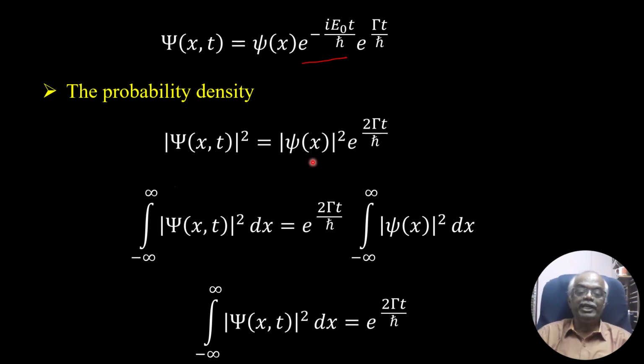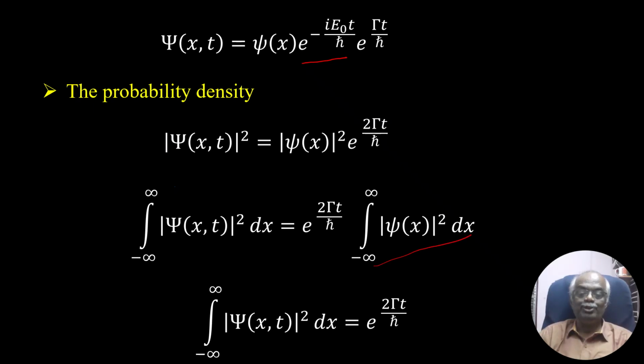So now you carry out the integral with respect to x. Remember that this integral is with respect to x. So we are taking out this exponential term because it contains only t, not x. So the integral of modulus psi squared can be written as e power 2 gamma t over h cross, times the integral between minus infinity to plus infinity of modulus psi of x squared.